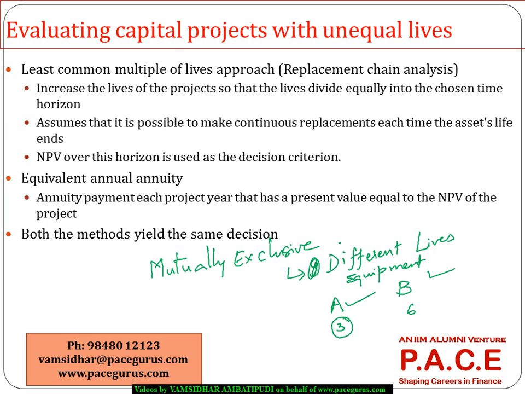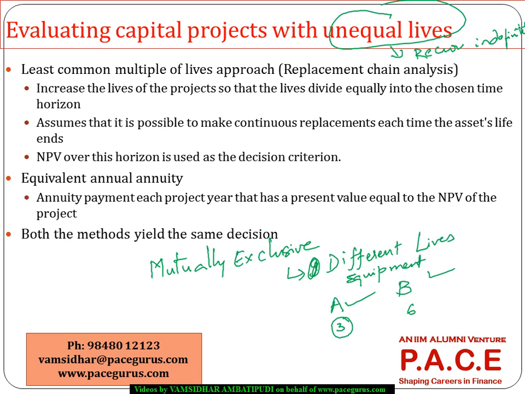So that is where we use this kind of process, especially when I have to evaluate capital projects which have unequal lives but which are expected to recur for an indefinite period. Even this has to be added to it.